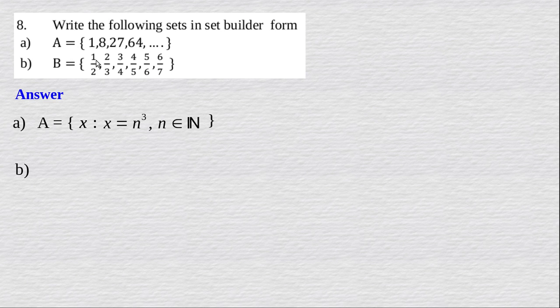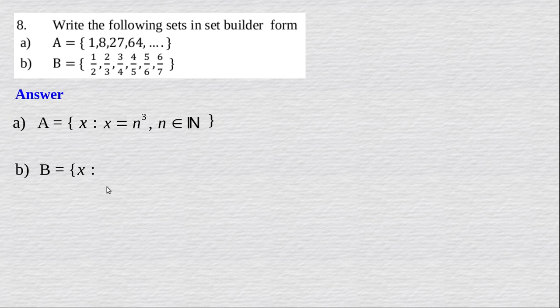What is next question? B is equal set {1/2, 2/3, 3/4, 4/5, 5/6, 6/7}. How can we write this set into set builder form? What is the common property of these all elements? When we read this number as n, then what is this? n plus 1. This is n plus 1, n plus 1, n plus 1, and so on.